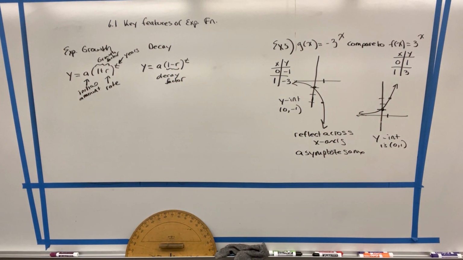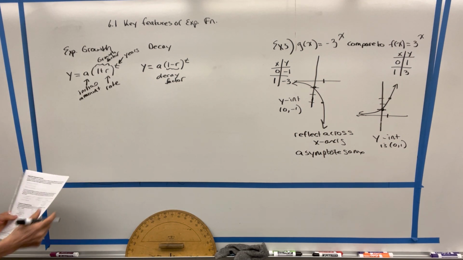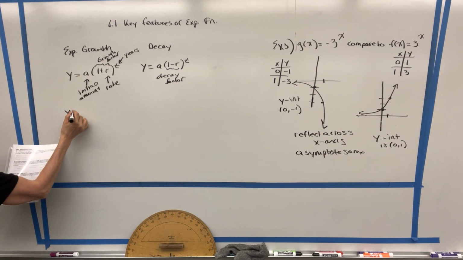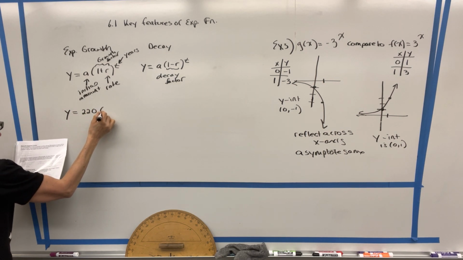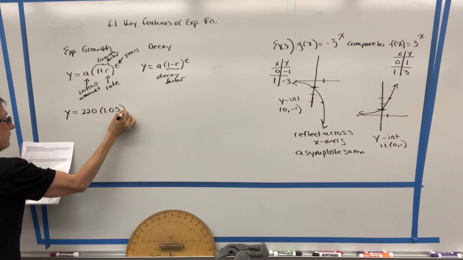So let's do an example where we determine whether a function represents exponential growth or decay, and then we're going to write the base in terms of the rate of growth or decay, identify r, and interpret the rate of growth or decay. So let's say we have y equals 220 times 1.05 to the x.